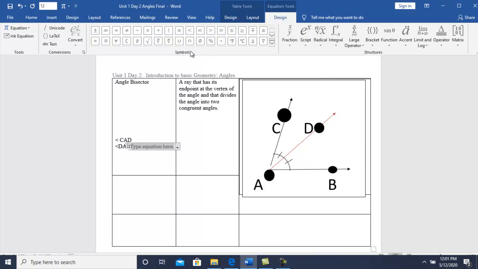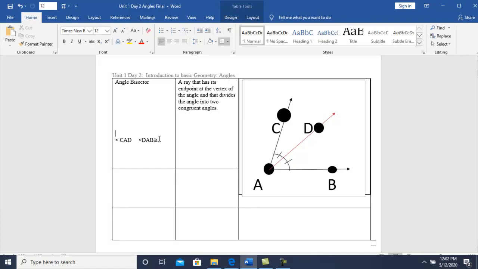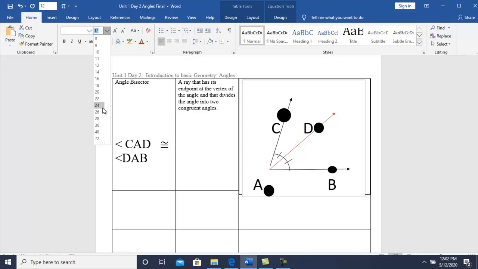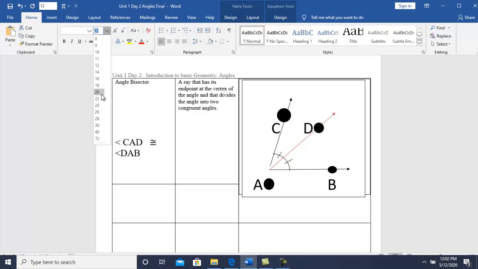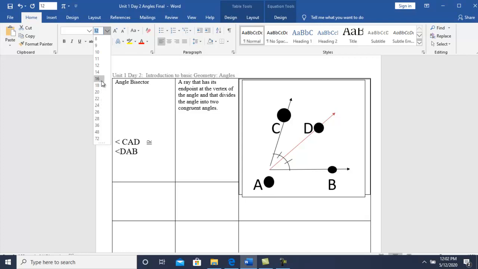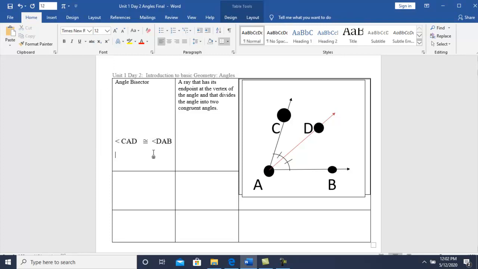Yeah, we do. It is over here. And so I'll make that bigger. But remember, the two angles are now congruent to each other. Okay, so CAD is congruent to DAB. So these two angles are congruent to each other.